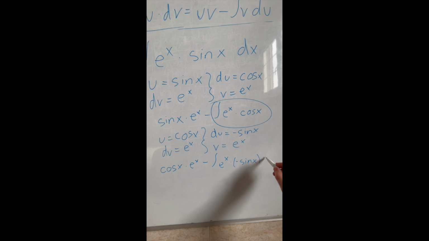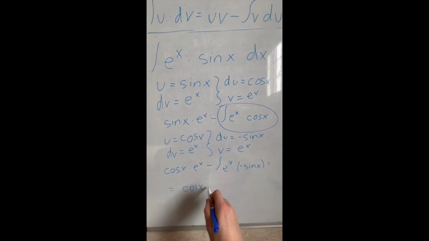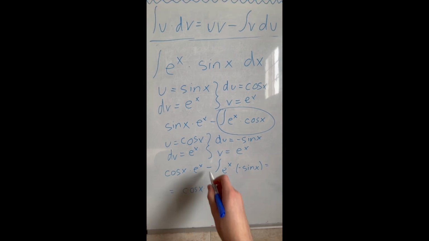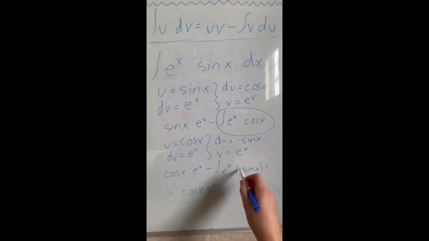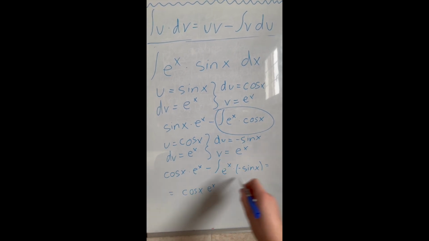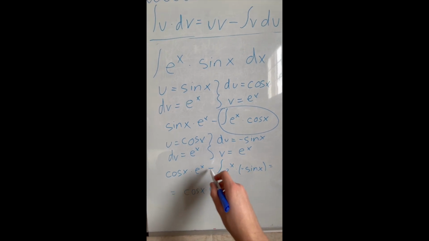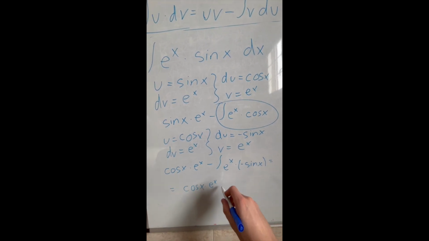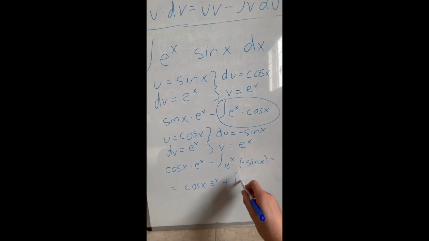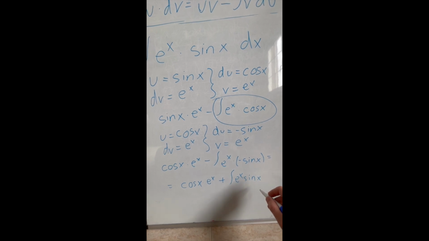And this is basically going to be cosine of x times e of x. Here we have a minus and we have a minus multiplying. This is a constant here, minus 1 multiplying this whole integral. We can just take this minus 1 out. Minus times minus 1 is plus e to the power of x times sine of x.